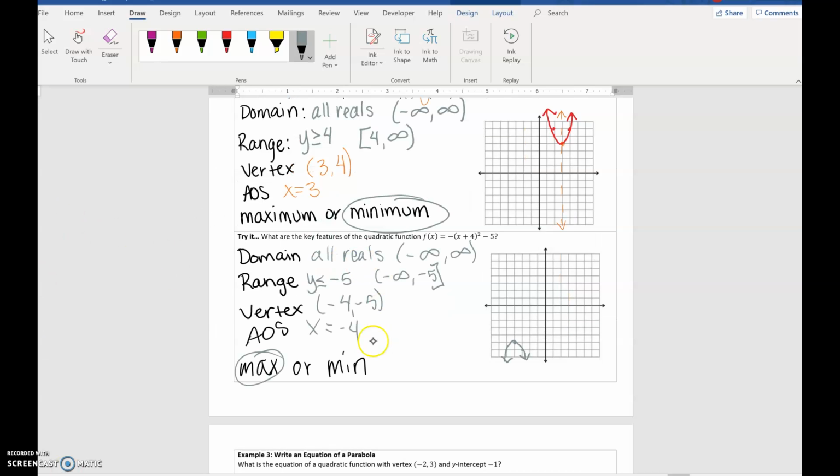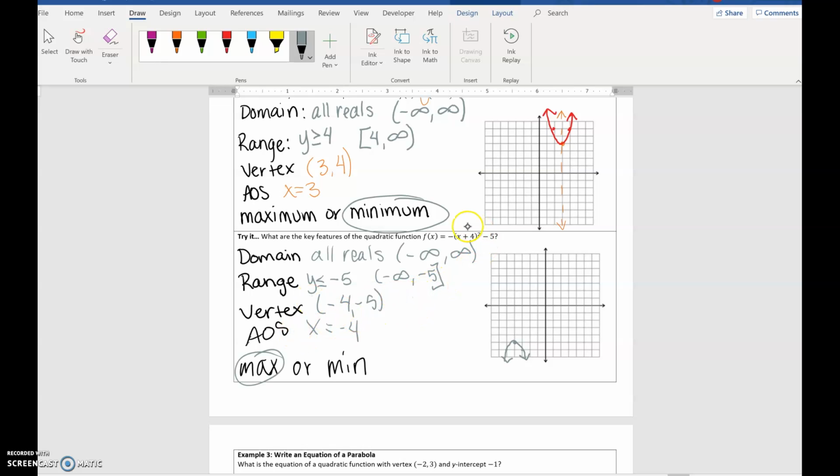Okay, so this one, you have domain all reals, because again, we can plug in any x value here and get an answer. For the range, looking at the graph, the highest point for the y values is actually -5, and then it goes on forever down. So y is less than or equal to -5, or again, in parentheses negative infinity to -5.